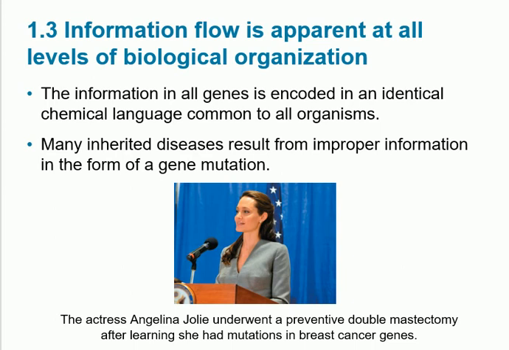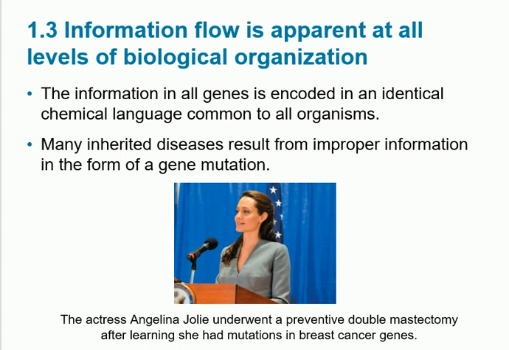Because of these genes, if something wrong happens to them, we call it gene mutation. If it's mutated, diseases can result, because the information flow is going to be disrupted.